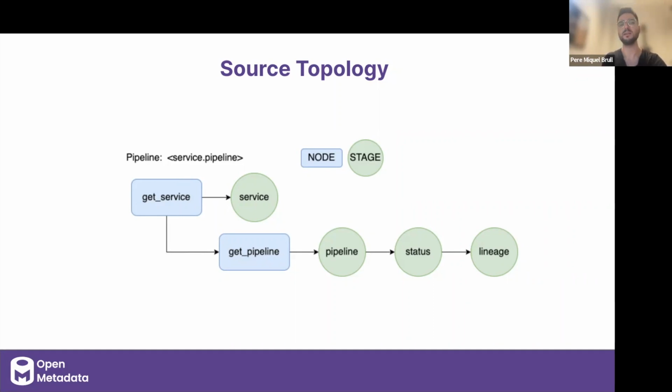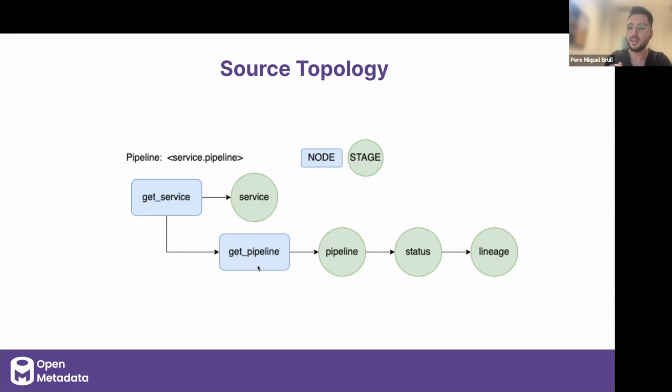And we do not only define this vertical hierarchy, like which steps I need to follow first and which nodes I need to define. We have also added the concept of stages, which types of metadata I can feed, in this case, to an existing pipeline.